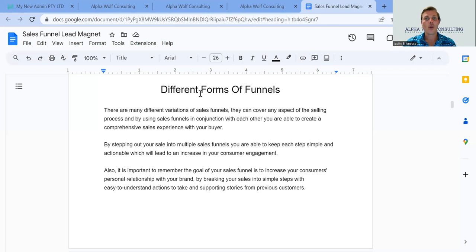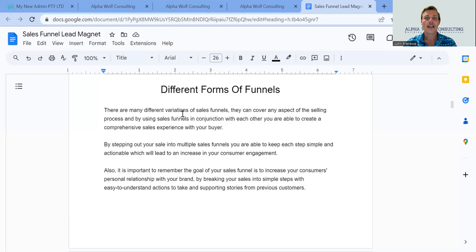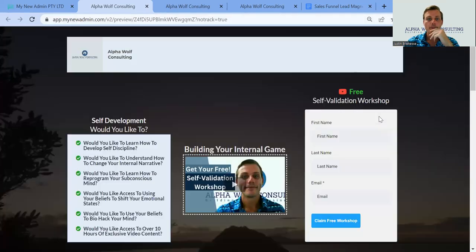So with that said, the 3 forms of sales funnels are lead generation, meeting booking, and selling, so a sales page. Now, the key for this is the journey. So I'm a lead. I come in.